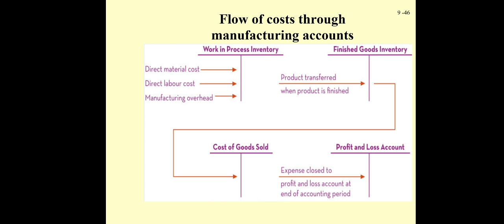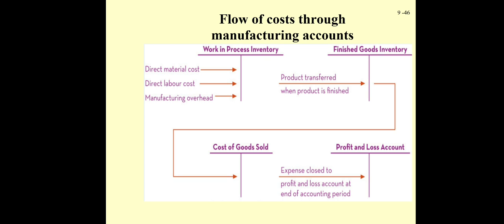So let's see the flow. The flow is direct material cost, direct labor cost, and manufacturing overhead costs are debited in the work in process inventory account.